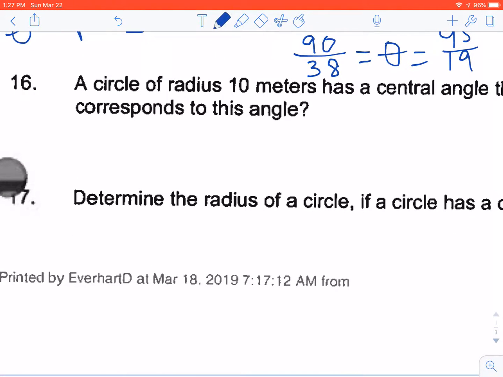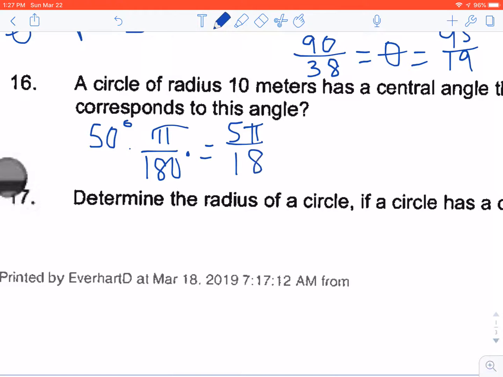Number 16 asks for a circle with a radius of 10 and a central angle of 50 degrees. The most important thing here is to change that angle to radians before you use the formula. So you switch that to get 5 pi over 18.